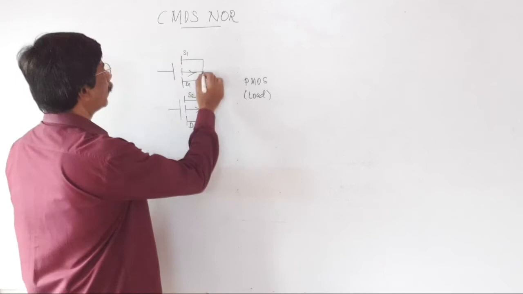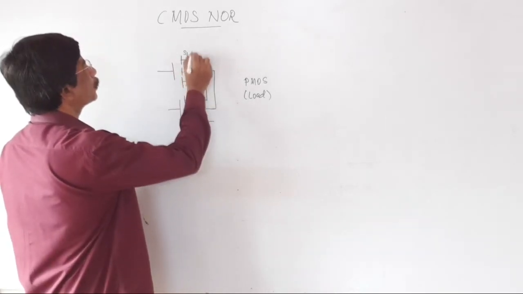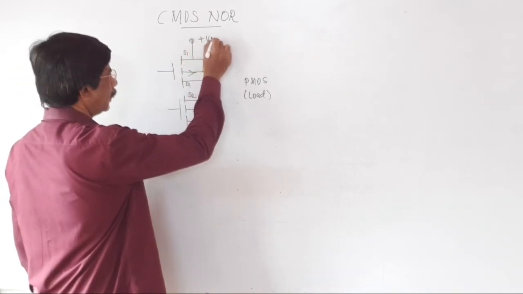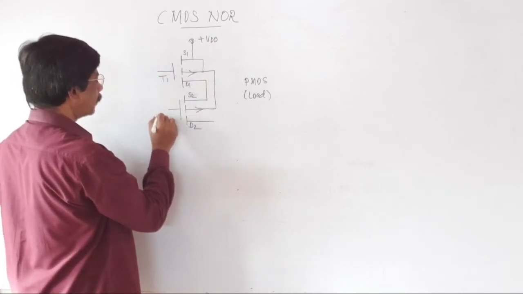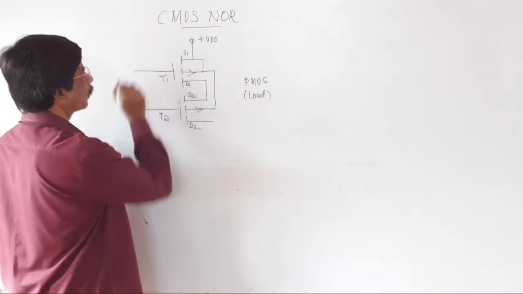This substrate and this substrate are interconnected here. This source is given to the positive of the power supply, plus VDD. This is transistor T1, this is transistor T2, this is gate 2, this is gate 1.